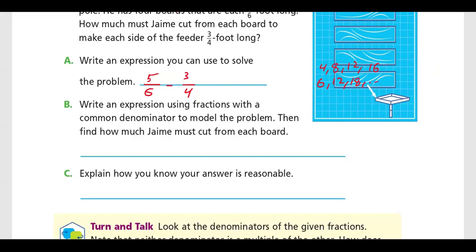So here, as we see, 12 is the first common multiple. If we need to make 6 as 12, I have to multiply by 2 up and down. And 4 multiplied by 3, because it's 1, 2, 3.